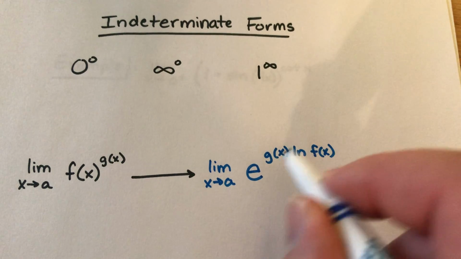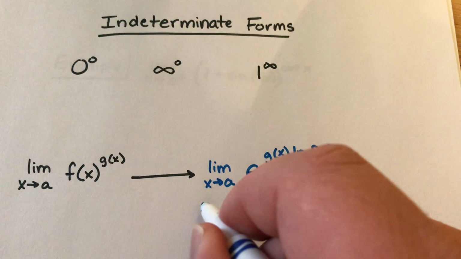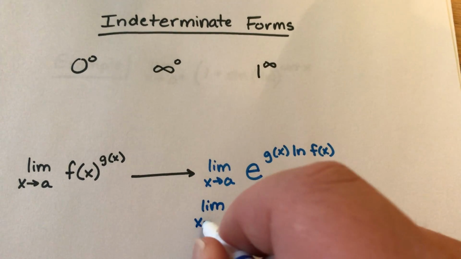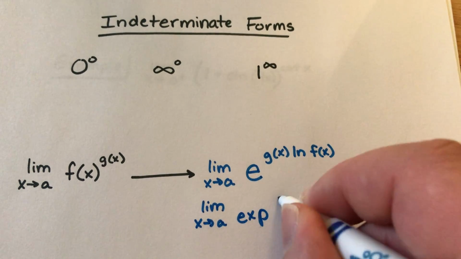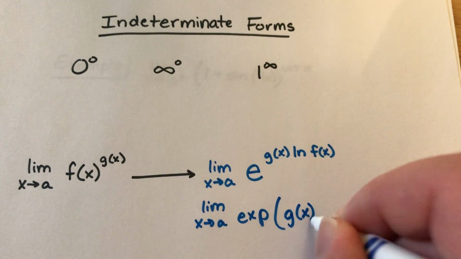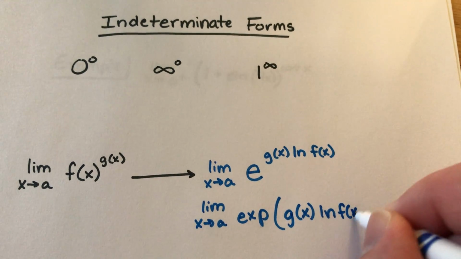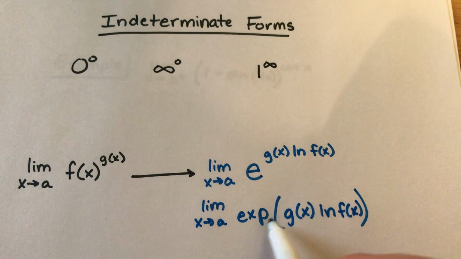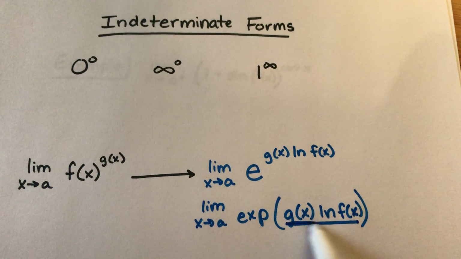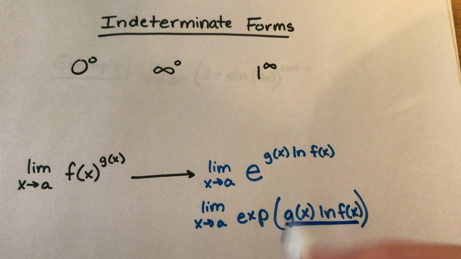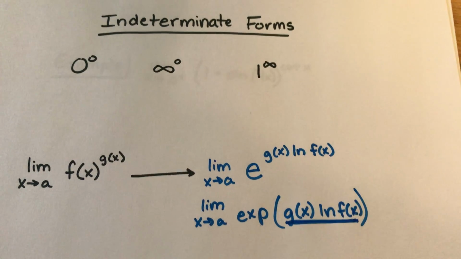The trick here, though, and I see a lot of textbooks write it this way, is instead of writing it as e, they write exp and put in parentheses g of x times ln of f of x. And so basically the process here is focusing just on what's in these parentheses, just on that exponent, and then the last thing we do is raise it to a power of e.